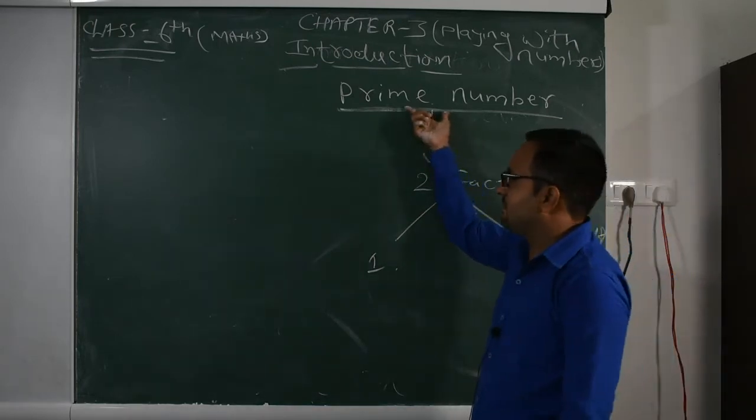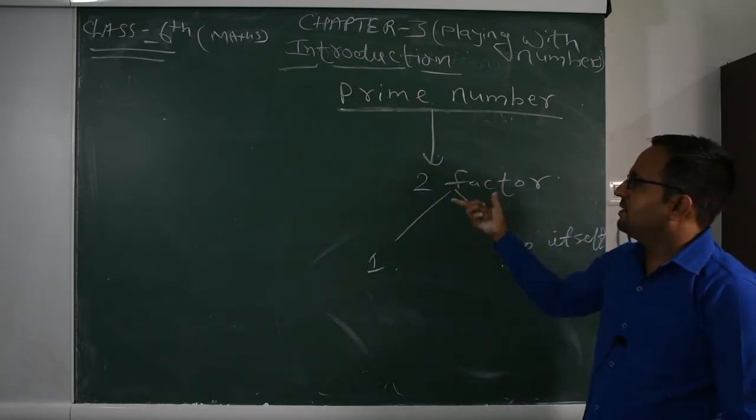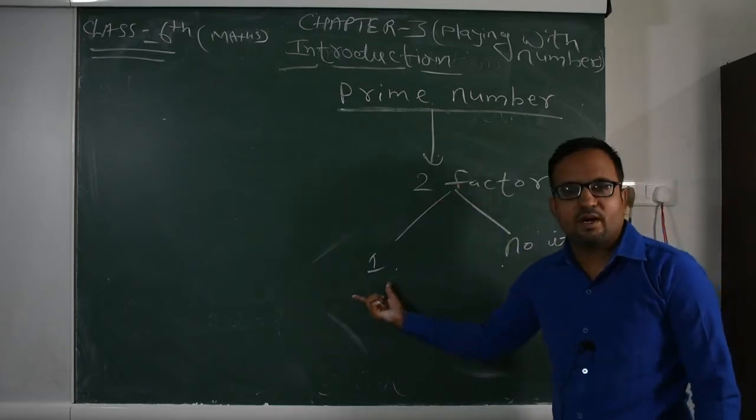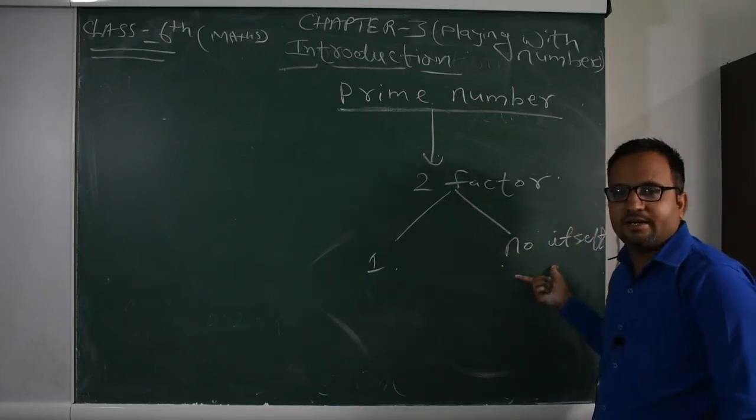That means a prime number has only 2 factors. One is 1 and the second one is the number itself.